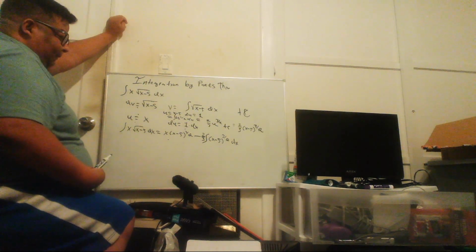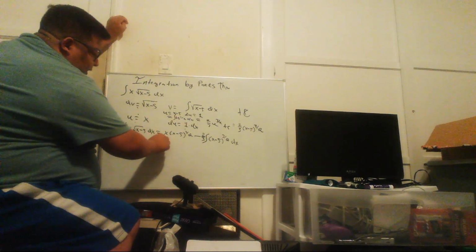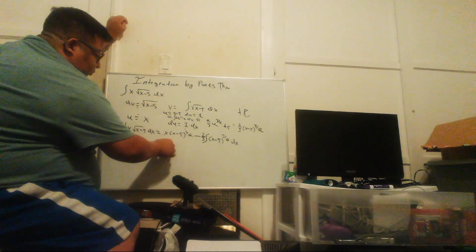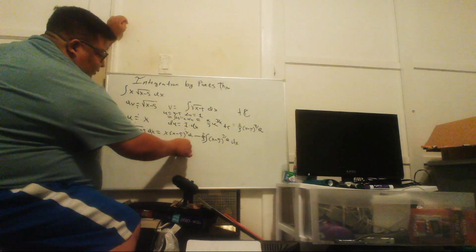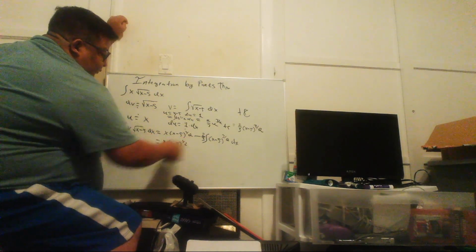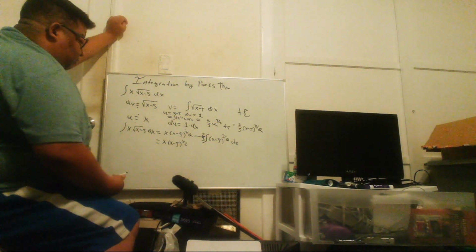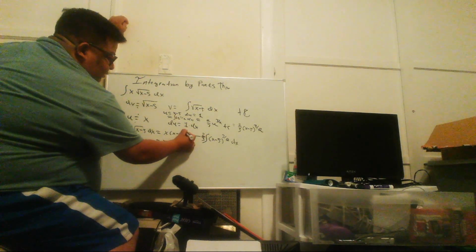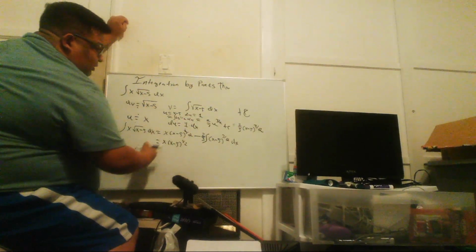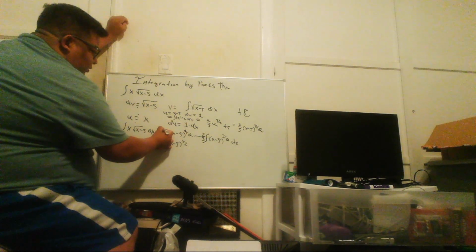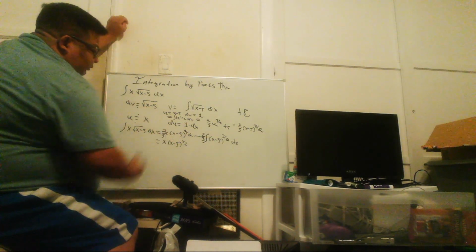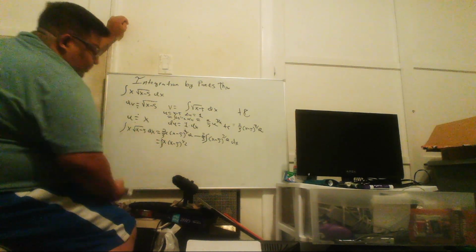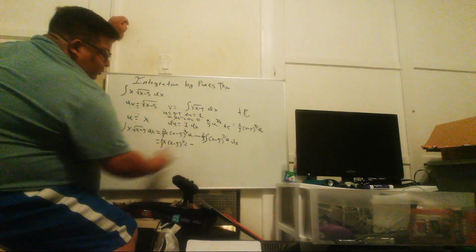Now that's equal to x times, actually 3/2, because the integral was 3/2, and then we put 2/3 in the front because that's what we found for v. So now this becomes 2/3 here, and then we'll do minus.